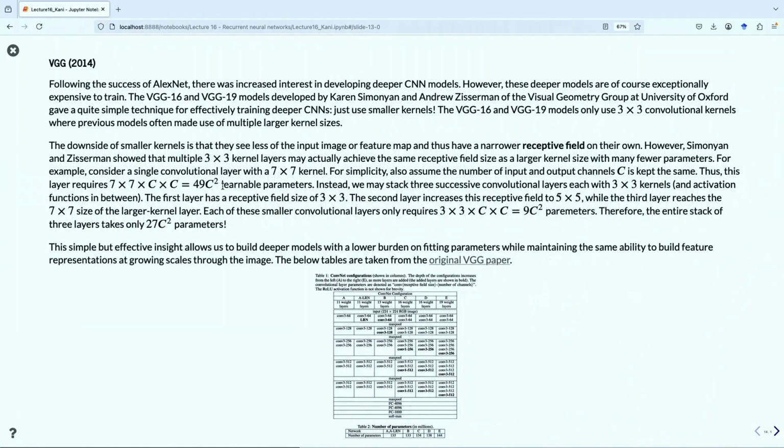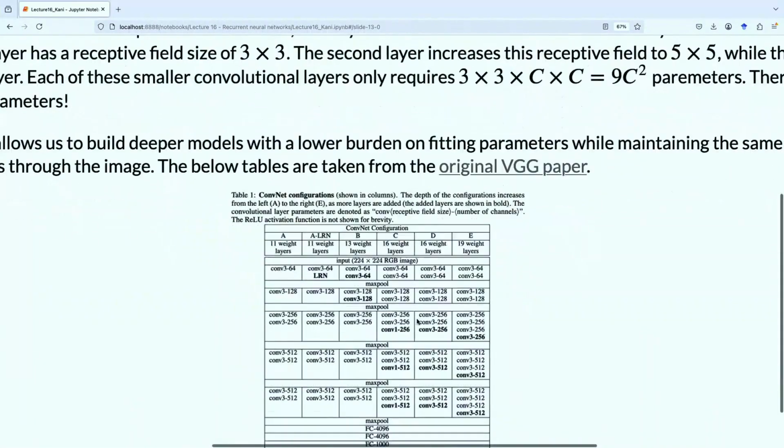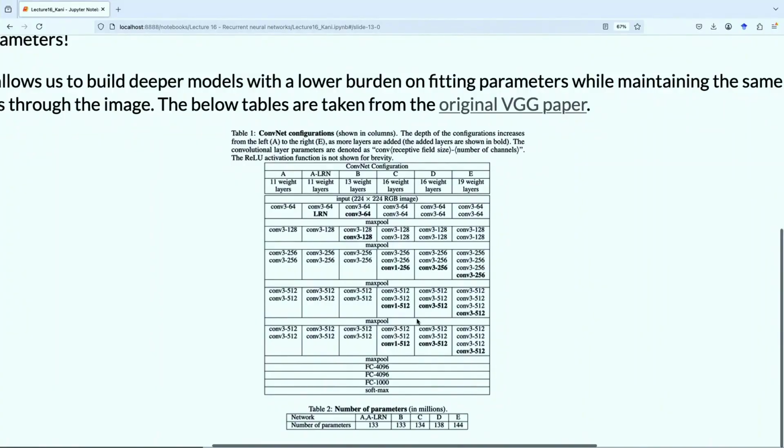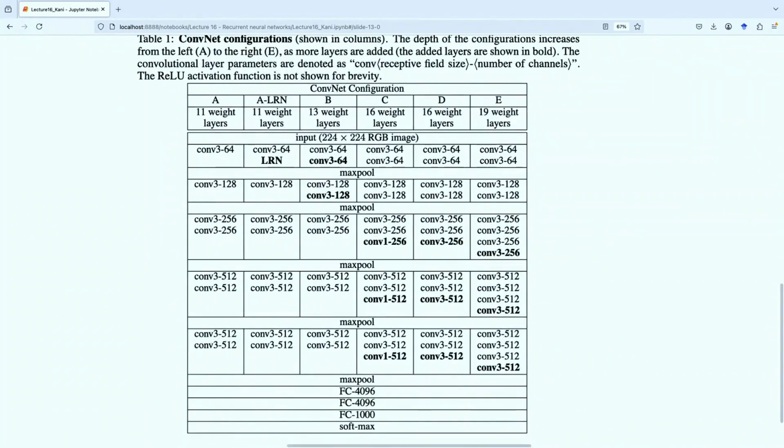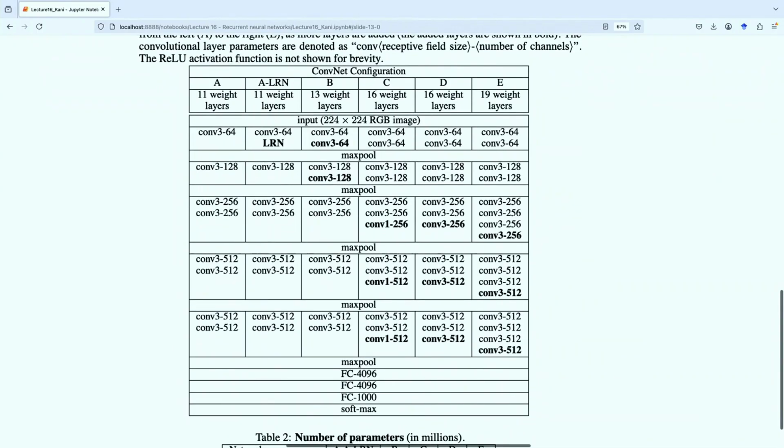Then you have VGG. You have deeper convolutional neural network models. You know, you could always get deeper. And so if you look at this actual model, I mean, it's kind of nuts.